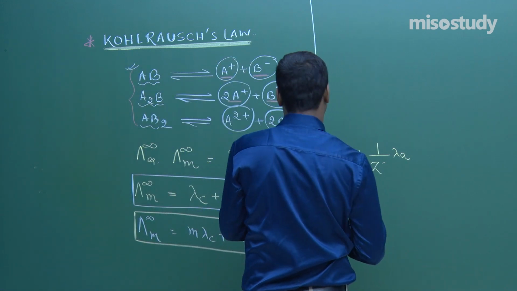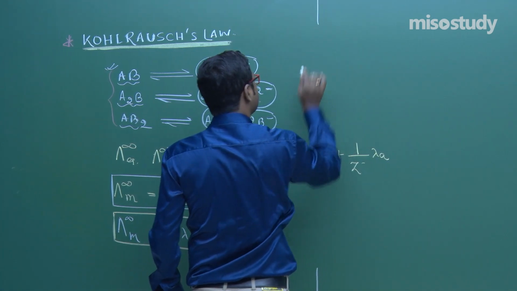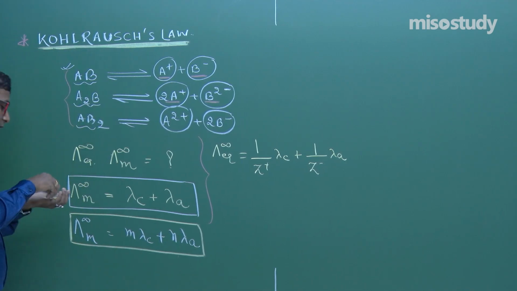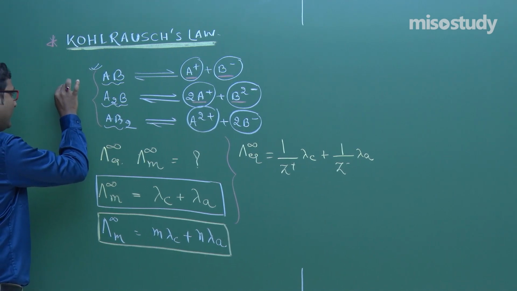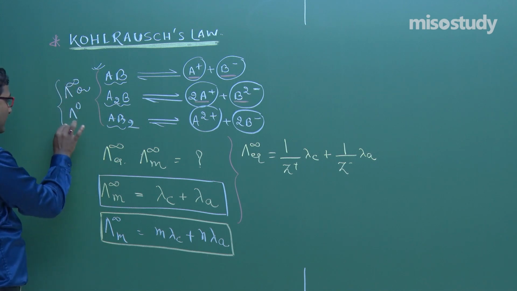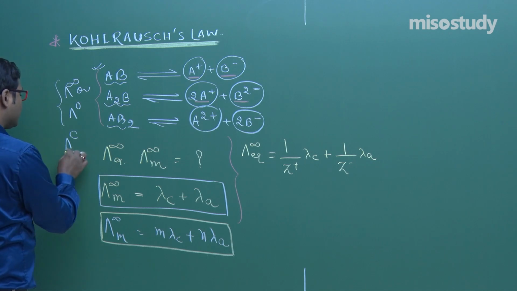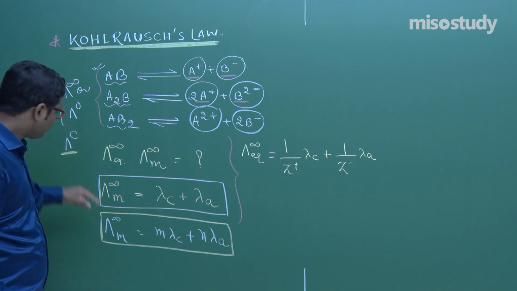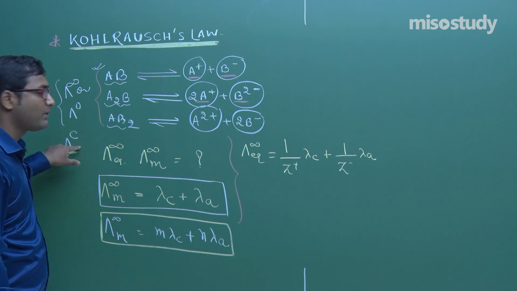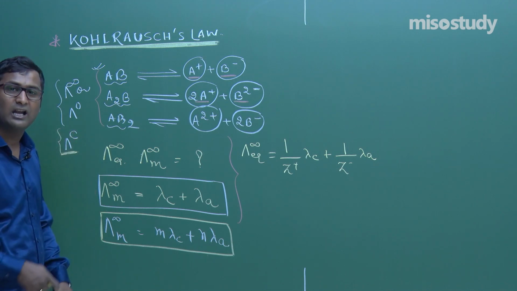But before that, let me discuss each and everything. Then we'll discuss the topic. Again I am repeating, at infinite dilution, there are two cases. As we know, at infinite dilution the symbol is this, or it can be written like this, but at a particular concentration this is the symbol. Clear to you? And the relation of molar conductance or equivalent conductance at infinite dilution to that at a particular concentration is governed by the Debye-Huckel-Onsager equation.